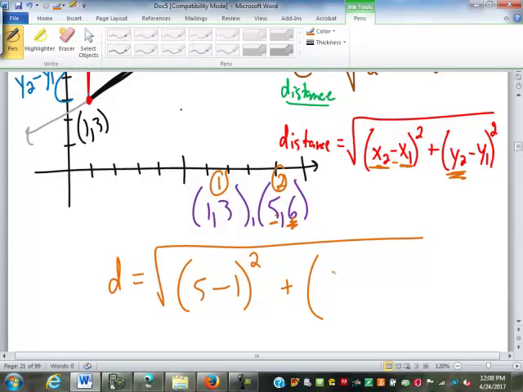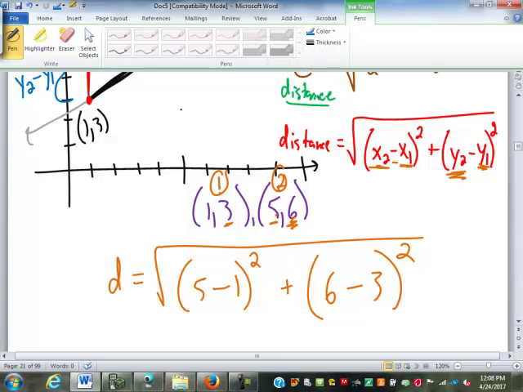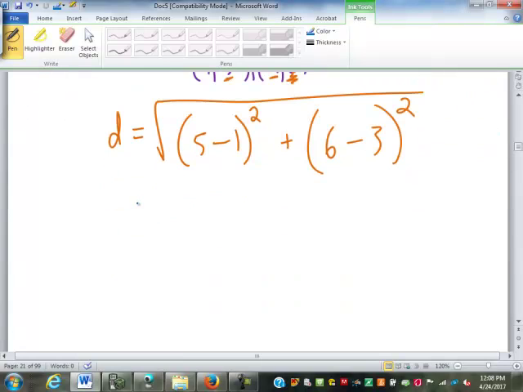So that'll be 6 minus y1, point 1, the y-coordinate is 3. And that's going to be squared. And now we could work through this. I'm going to work through this one by hand first, and then we'll show that we can actually enter it all in the calculator, and it'll work out just fine.